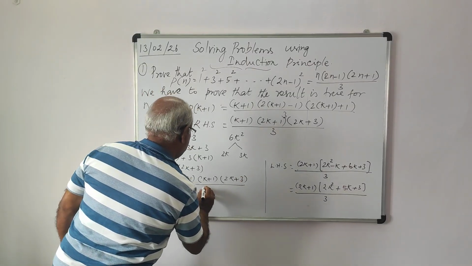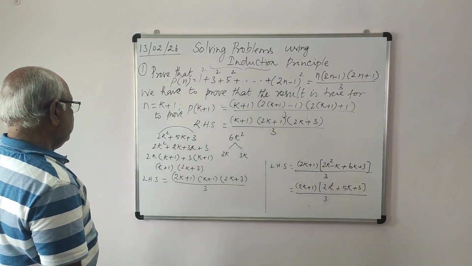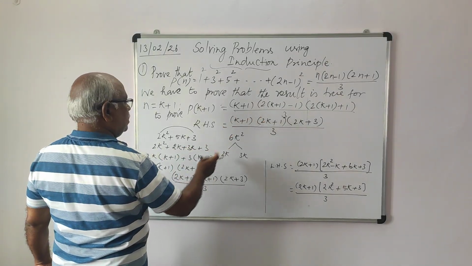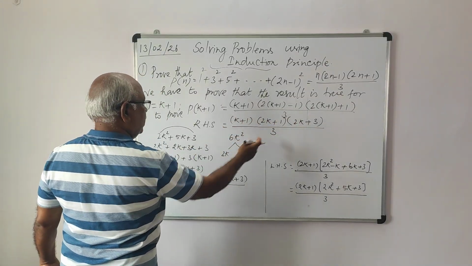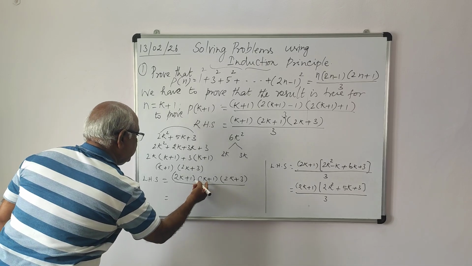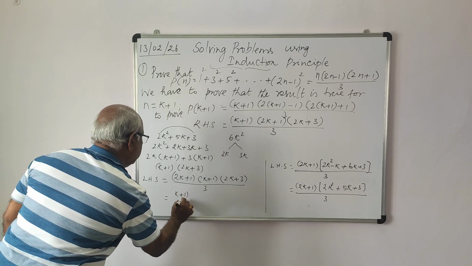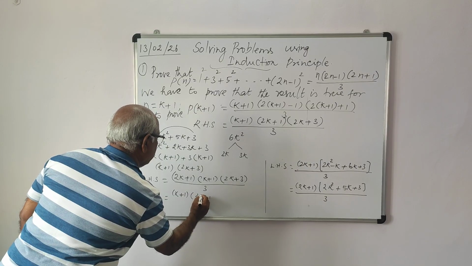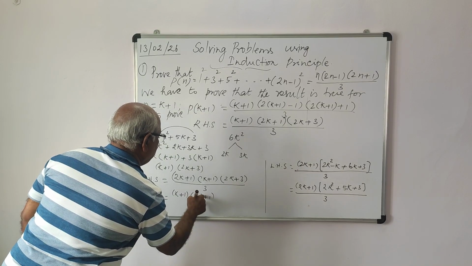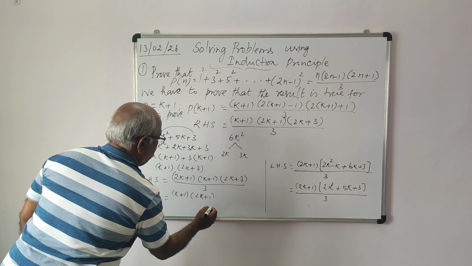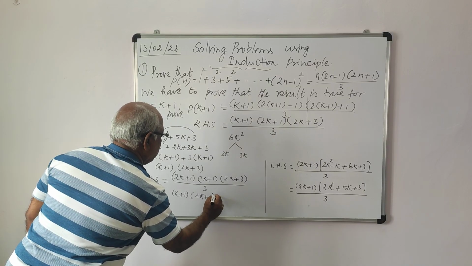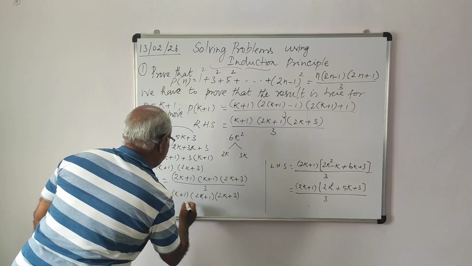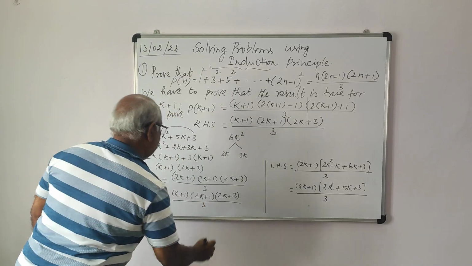The denominator term is 3. See, this is the same as the right-hand side. Right-hand side: take k plus 1 into 2k plus 1 into 2k plus 3 by 3. You can rewrite this, bringing k plus 1 as the first product term, k plus 1 into 2k plus 1 into 2k plus 3 by 3.